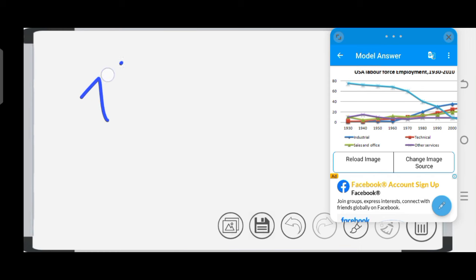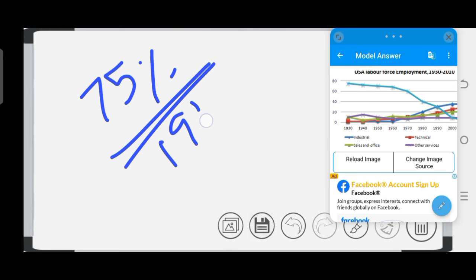We can conclude from the graph that in 1930, 75% of the labor force was employed in farming, fishing and foresting, while only 10% worked in sales.